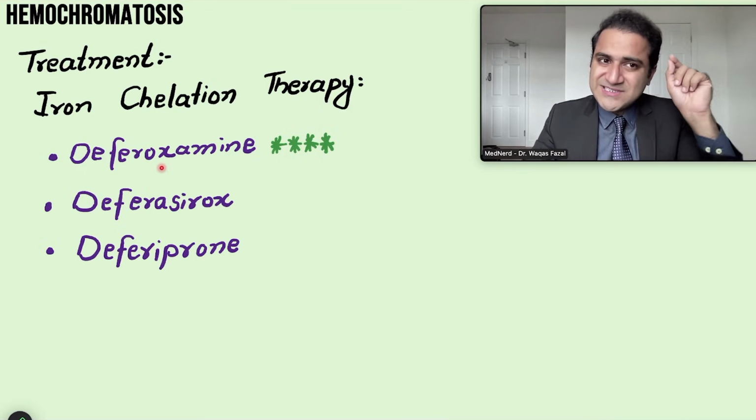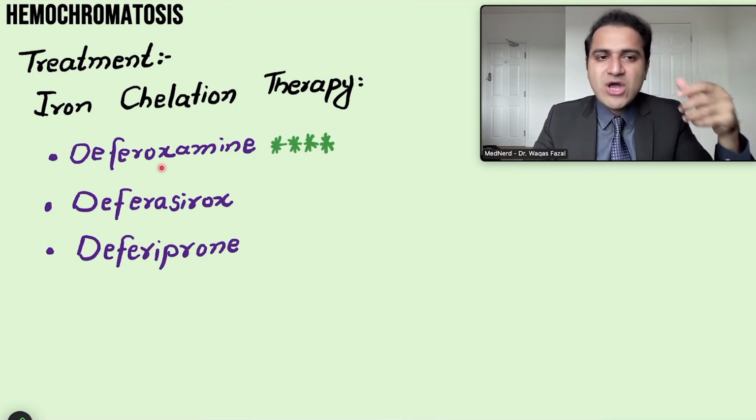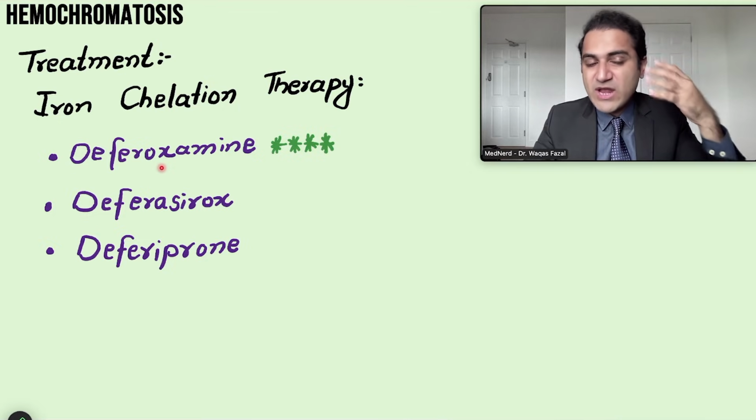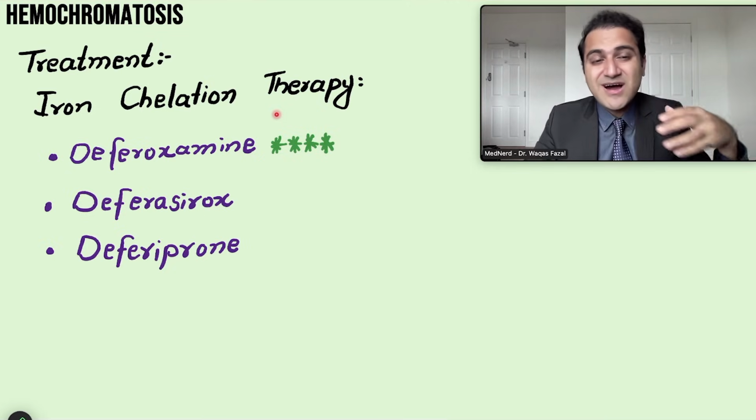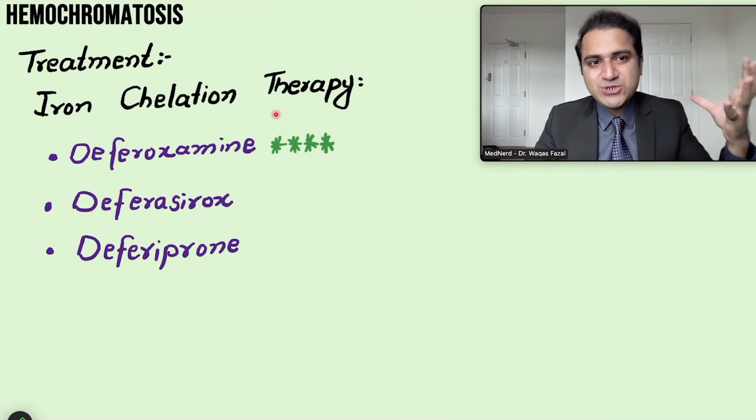Now, in secondary hemochromatosis, like patients with thalassemia or patients who have iron overload due to excessive blood transfusions, iron chelation therapy is the first line therapy, because these thalassemia patients are already blood deficient and you cannot remove any blood from them.